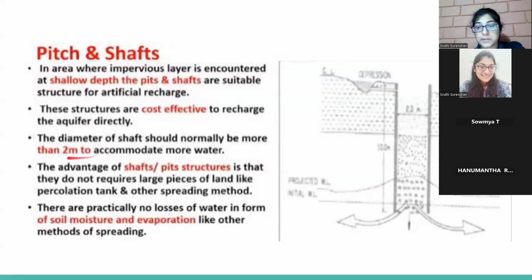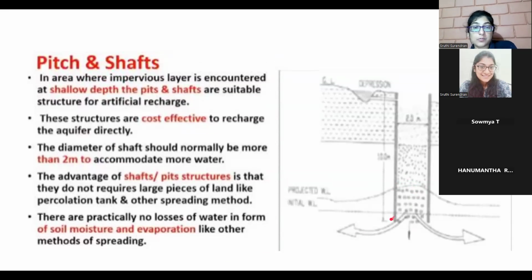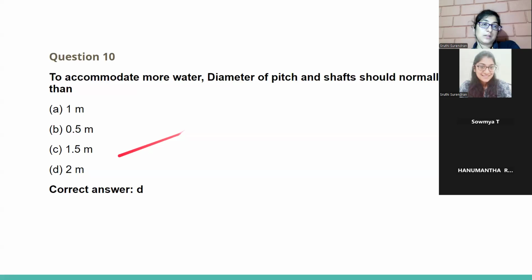The diameter has to be more than 2 meter to accommodate more water. It requires less area, plus the losses due to evaporation and soil moisture are less. So these are the four important points for the pit and shaft recharge structure. The answer would be 2 meter, option D.